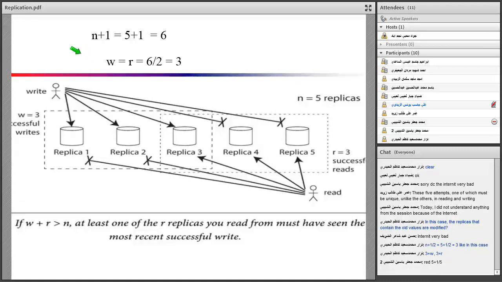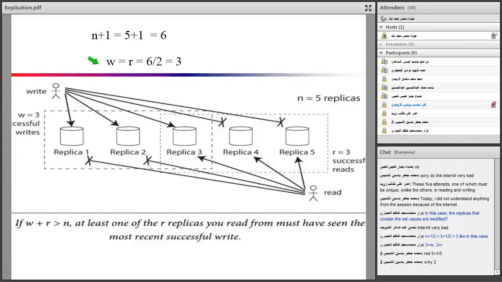Okay, so by using this technique we can calculate it. And Nazar wrote n plus 1 divided by 2. Yes, in this case, yes.